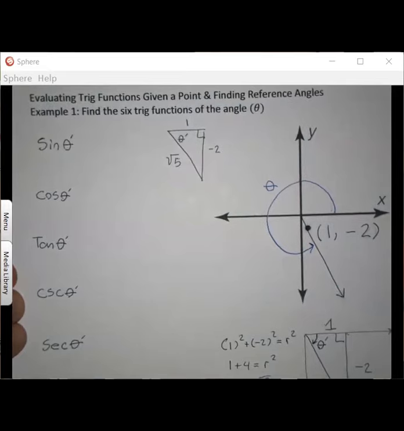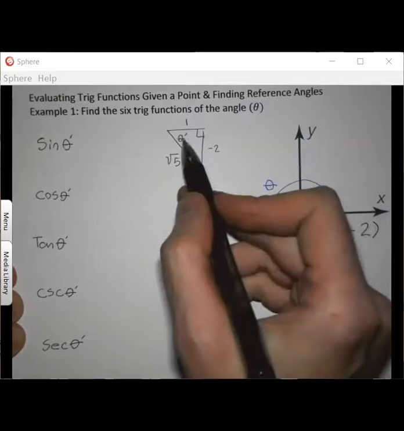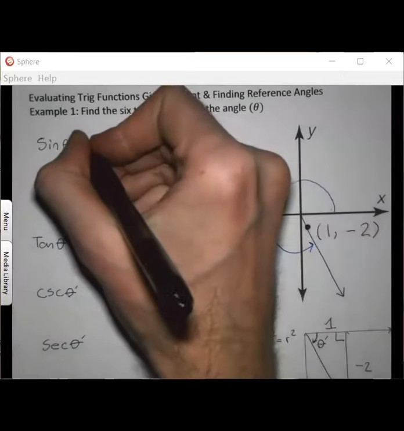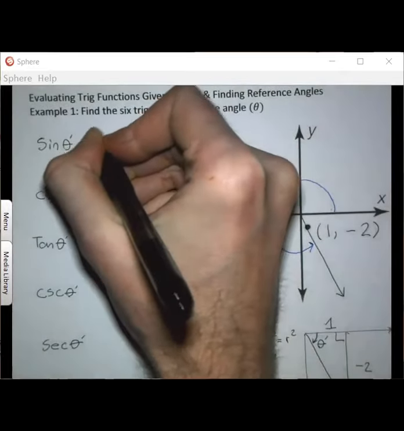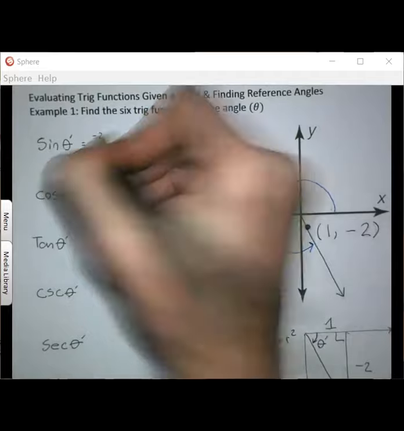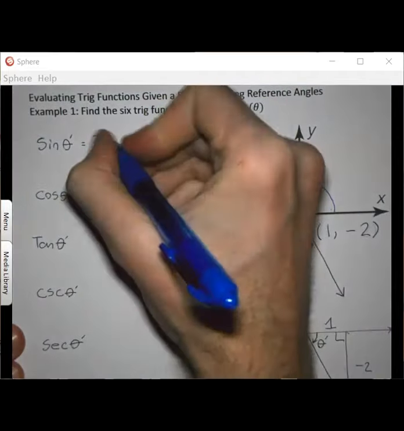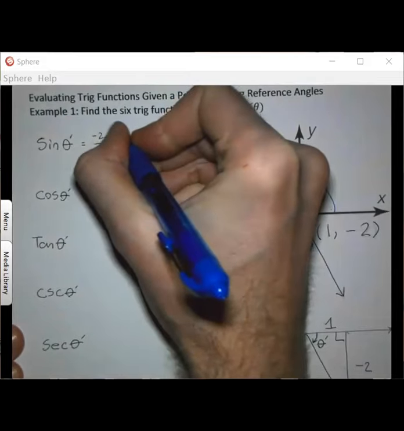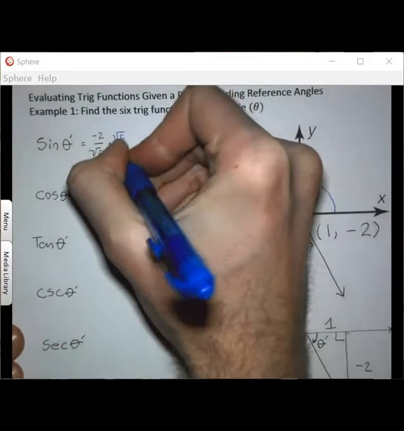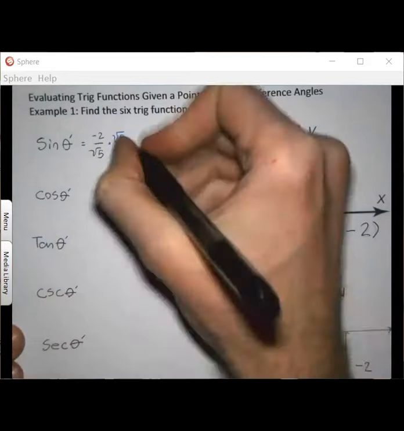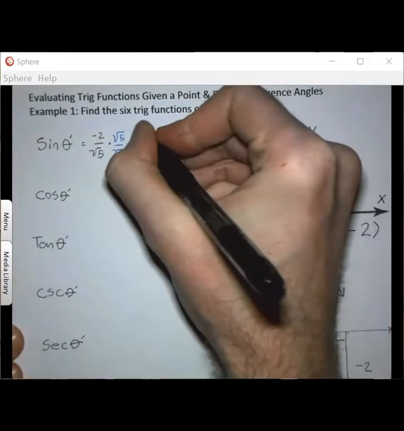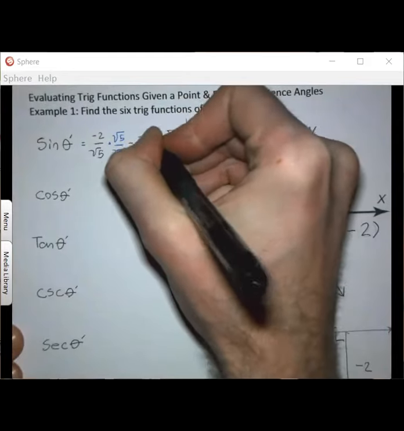So sine theta, sine is opposite over hypotenuse. Opposite over hypotenuse. So minus 2 over root 5. We do need to rationalize the denominator. So multiply by root 5 over root 5. So I get minus 2 root 5 over 5.